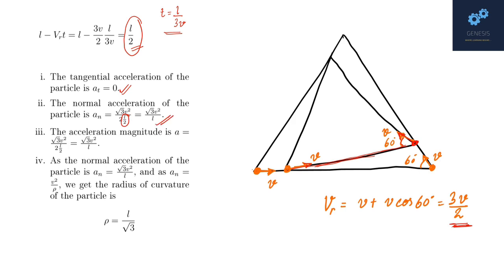So this is your normal acceleration. Total acceleration magnitude is obviously the same, and as the normal acceleration is root 3 v square by L, and it is also written as v square by rho, the radius of curvature at this instant will be L by root 3. This concludes the solution to this problem.